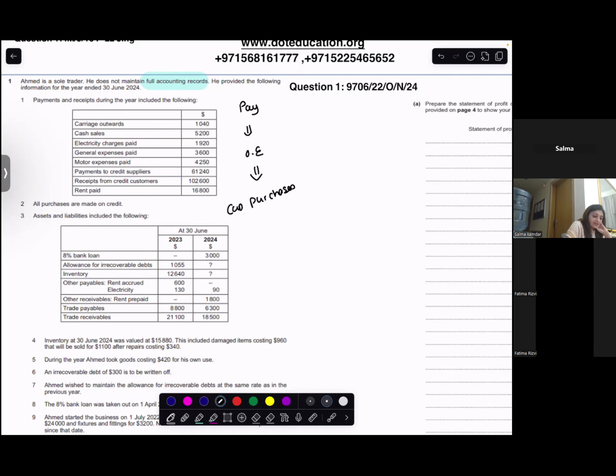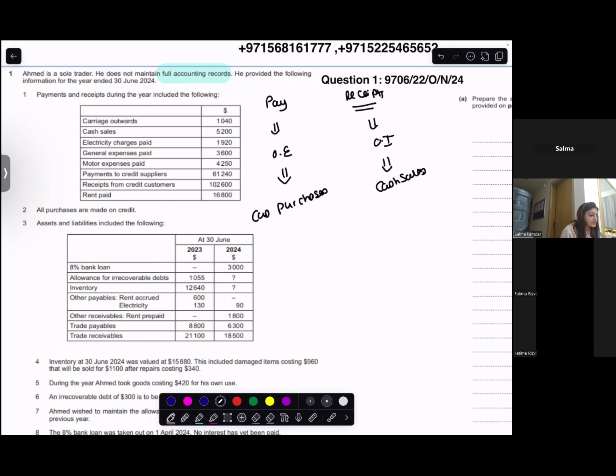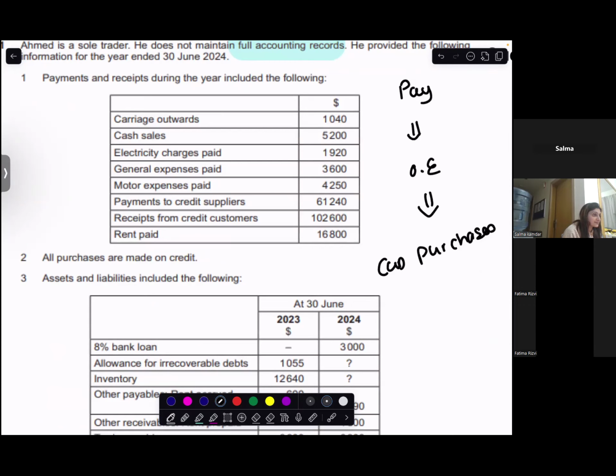Receipts can show me other income. It can show me cash sales. Very well. So I will keep on doing the marking. Carriage outward is other expenses. If it was carriage inwards, then it would be part of cost of sales. Please do the markings along with me.